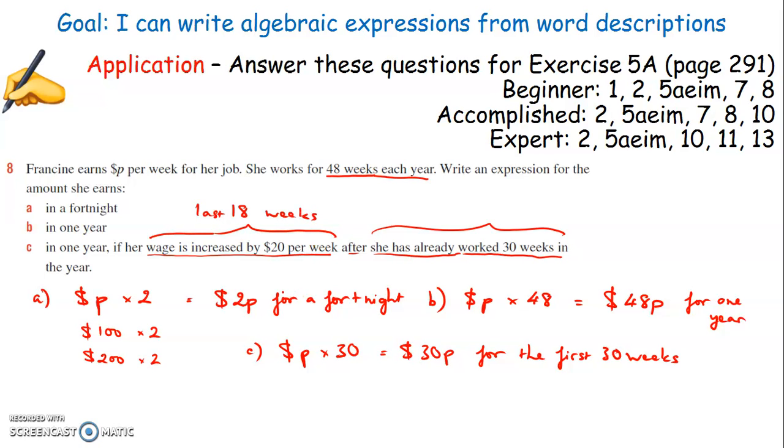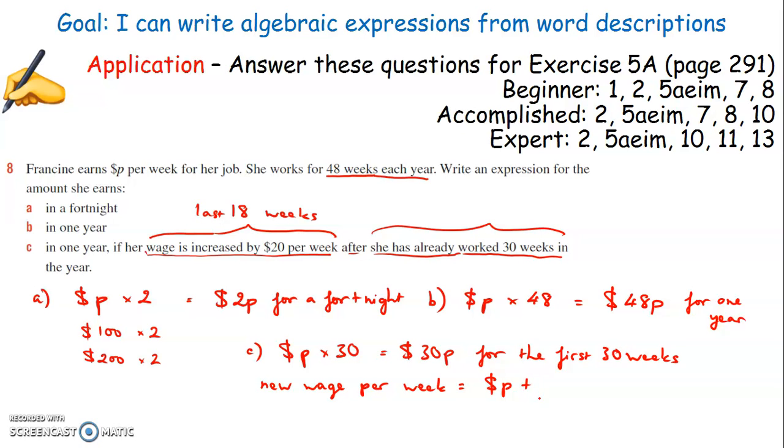Okay. So how do we deal with this? First, let's work out what her new wage per week is. She used to earn P dollars per week, and now it has been increased.